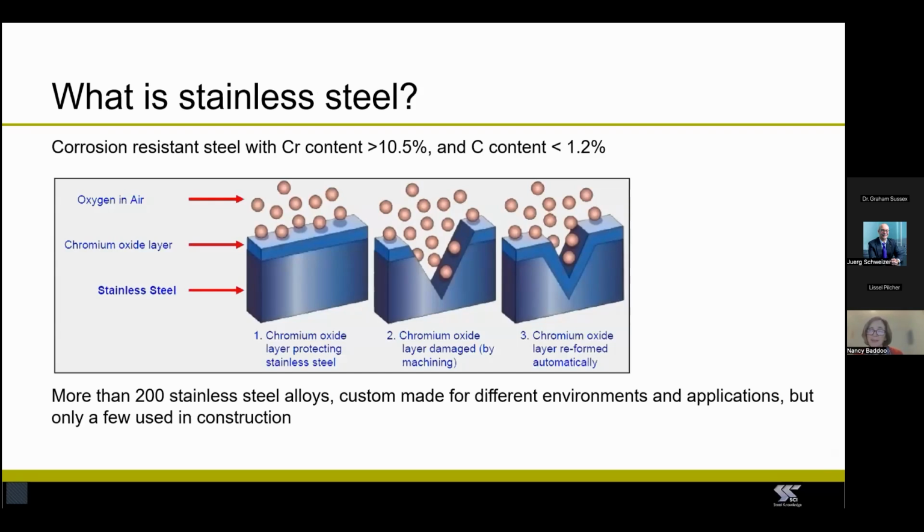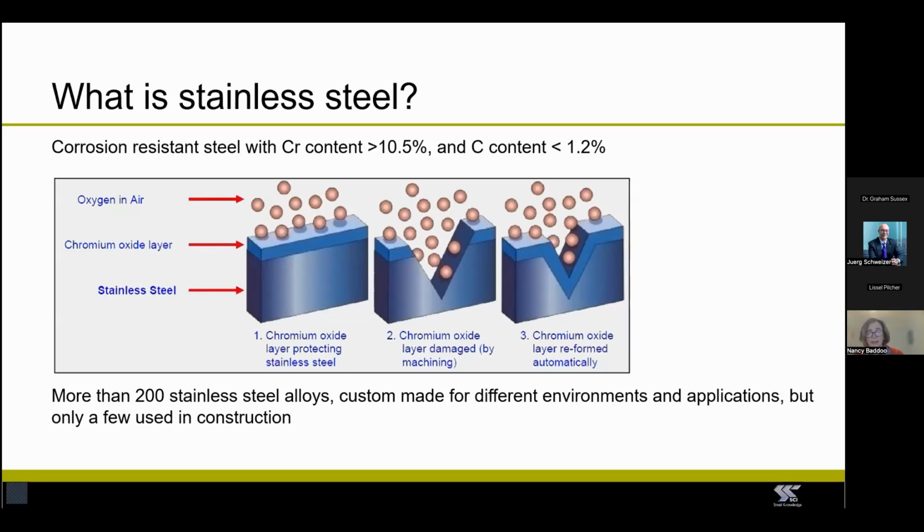It's the name given to a family of corrosion and heat resisting alloys of steel. There's a wide range of stainless steels, each with different levels of strength and corrosion resistance. But what makes it stainless is when the chromium content exceeds 10.5%, and you've got less carbon than 1.2%.